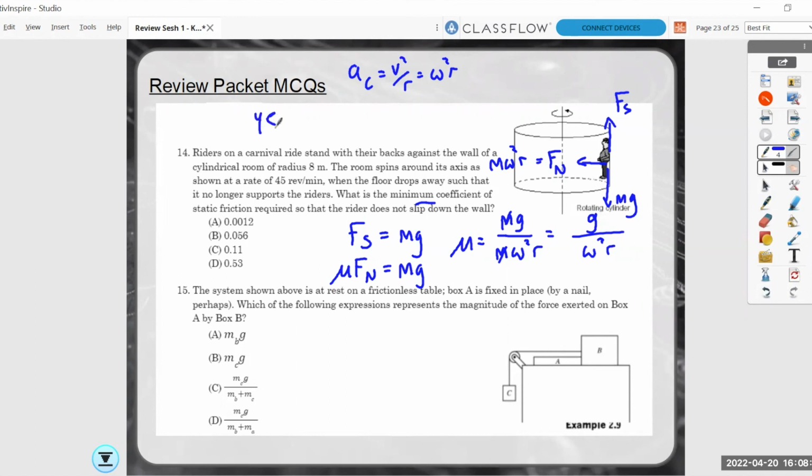So 45 RPM, if my calculations are good, is about 4.71 radians per second. And then we know all the other numbers in this case. So I get here the minimum coefficient is 0.056, which is actually not that high. So I guess it doesn't take that much friction in this case to keep you in place. So this one's a little bit strange, probably more complicated than you'd see on the exam, but that's okay.